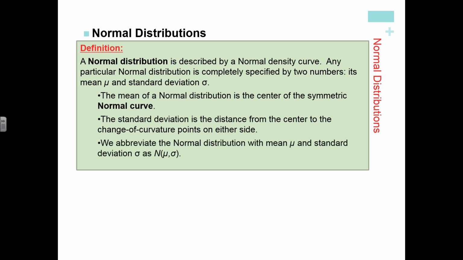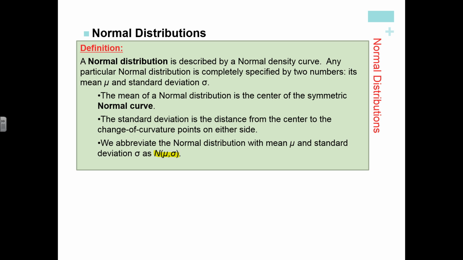Now, the abbreviation that we use for a normal distribution is N(mu, sigma). This is the mean, and this is your standard deviation. Notice that these are not the normal abbreviations that we use for mean and standard deviation, and that's because these abbreviations are for population.